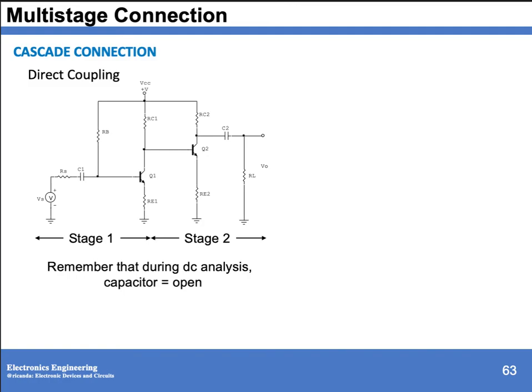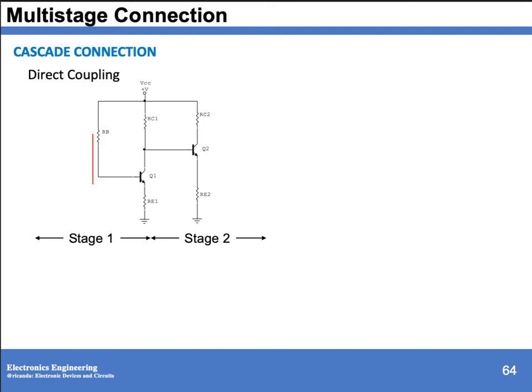So during DC analysis, you have IB1 going to your transistor, and then we have your IE, and it will split at this terminal into IB2 and IC1. Then we have your IE1 and we have IC2 and IE2.